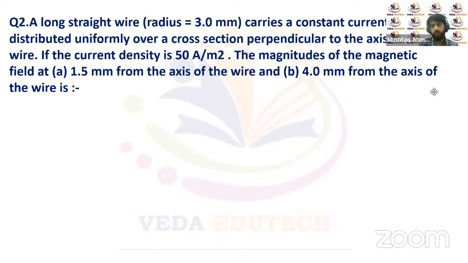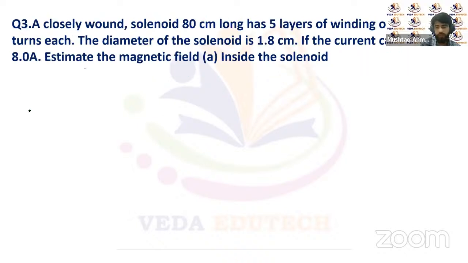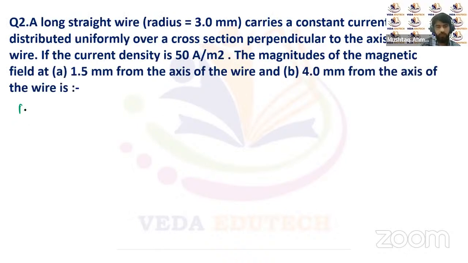Now you can see here the radius of this wire is 3 mm, and the 4 mm point from the axis will lie actually outside this long straight wire, and 1.5 mm distance from the axis will lie within the wire. So we know that outside the wire, the magnetic field is mu naught I upon 2 pi r.